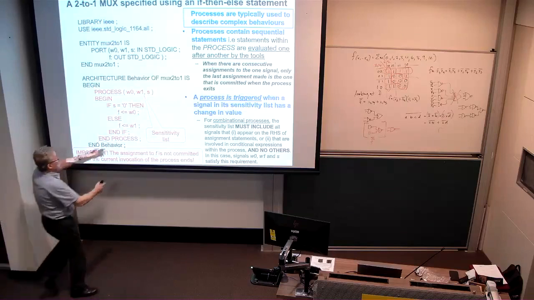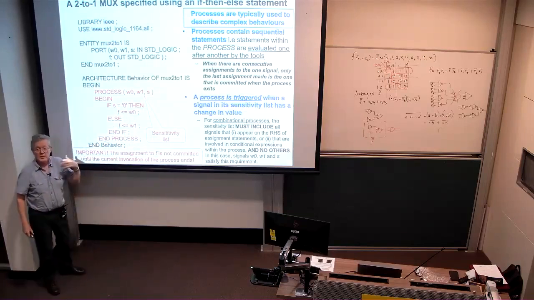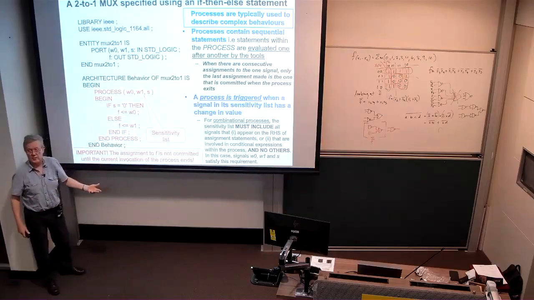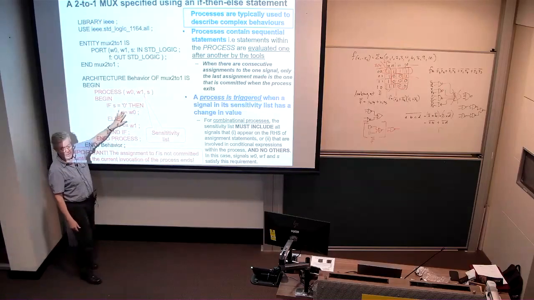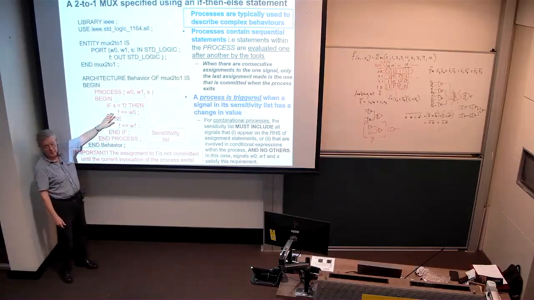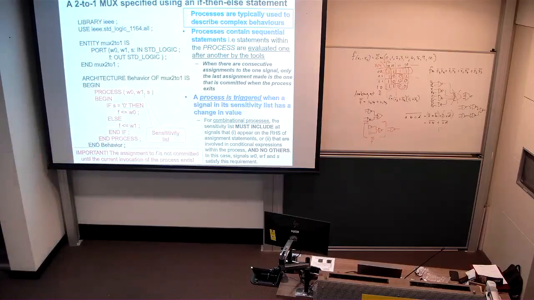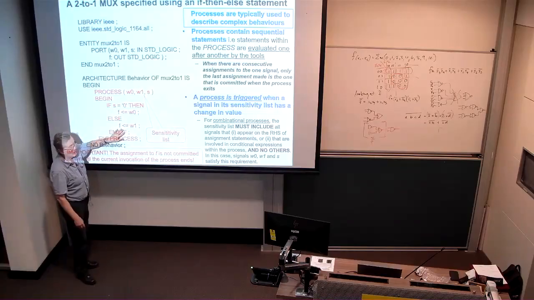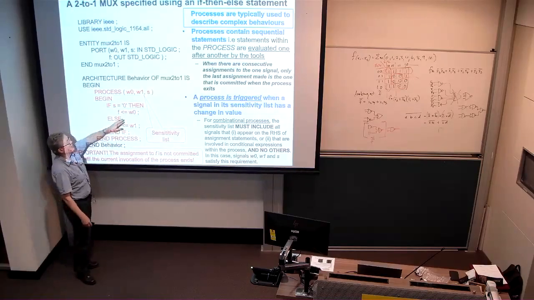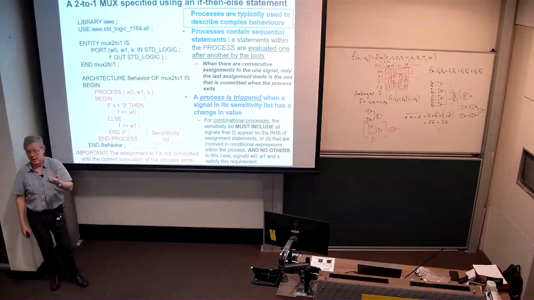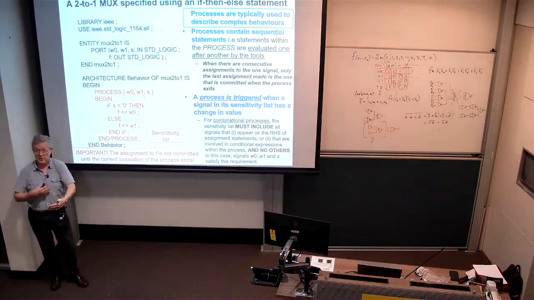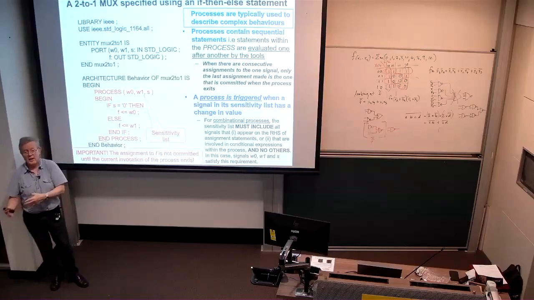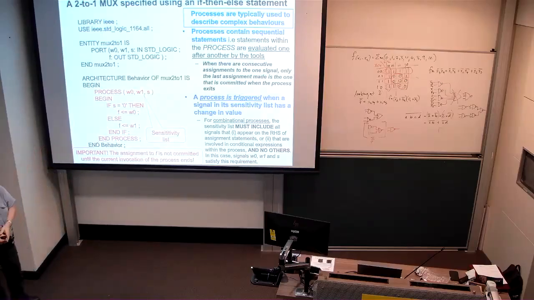So we have to include W0 and W1 in this case, but the other important type of signal that has to be included is if there's a conditional statement in here that involves a signal, we also have to include those signals in our sensitivity list, because it may change the behavior, change the assignment that should normally be made. If S is initially 1, for example, we would have assigned W1 to F, but when S changes to 0, then it should be W0 that gets assigned to F, because that's what a mux does. It responds immediately when the select signal changes and changes which input is routed through to the output.